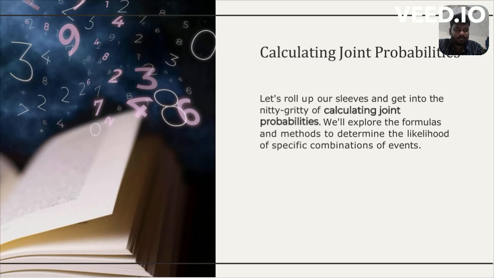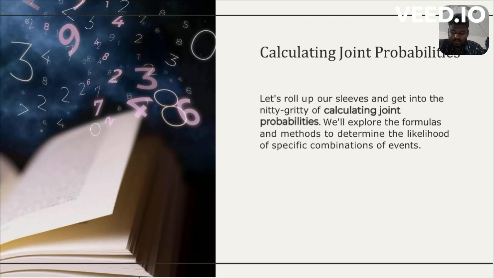Calculating the joint probabilities. Let's roll up our sleeves and get into the nitty-gritty of calculating joint probabilities. We'll explore the formulas and methods to determine the likelihood of specific combinations of events. So, a joint probability distribution represents a probability distribution of two or more random variables.